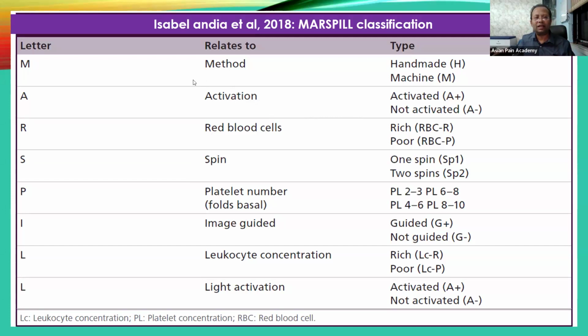PRP. Activation is a concept: you have growth factor in the platelet, but after injecting, if the growth factor doesn't come out from the platelet at the same time, and instead comes out slowly and gets absorbed, then the supraphysiological concentration inside the tissue will not occur. So that is the concept of activation.